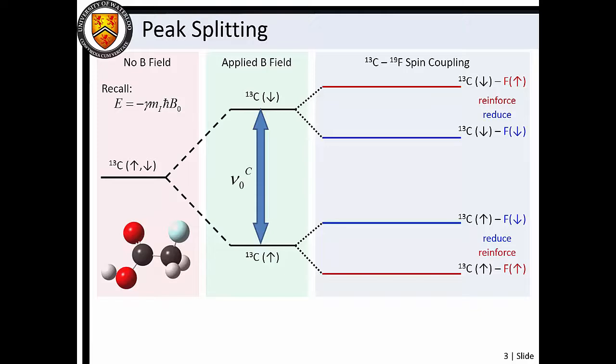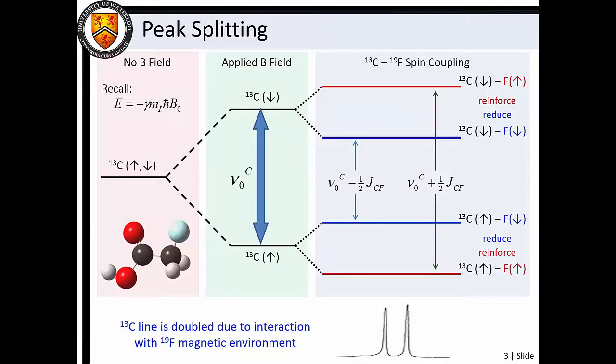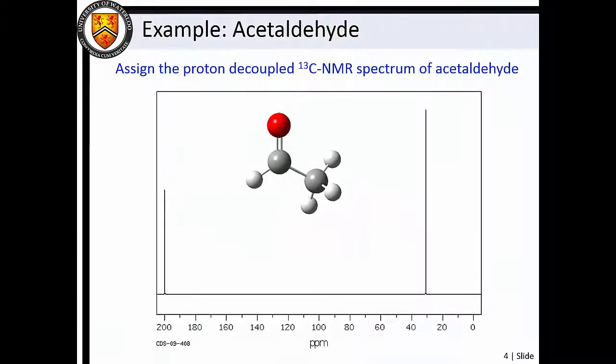Statistically, half of the carbon nuclei are in reinforced magnetic environments, and half are in the reduced magnetic environment. Thus, the carbon-13 transition appears to be doubled on the NMR spectrum. Note that the frequency difference between the two lines of the doublet is a measure of how strongly the carbon-13 and fluorine-19 nuclei interact.